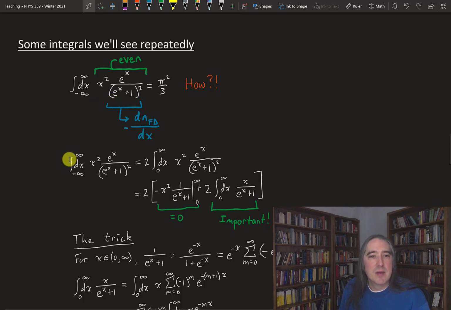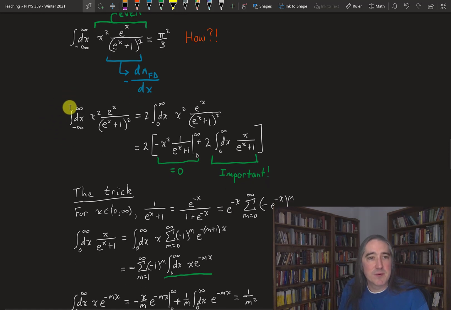Okay, great. So we've got this integral again. What are we going to do? The first thing is take advantage of the fact that it's even. This is going to be 2 times the integral from 0 to infinity, same stuff, because it's even. Next, we're going to integrate by parts because we know we can, and it may help. So what do we get? The 2 hangs out up front.